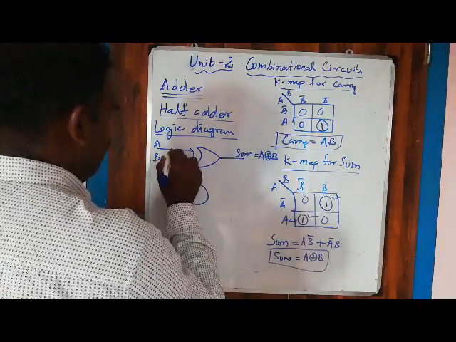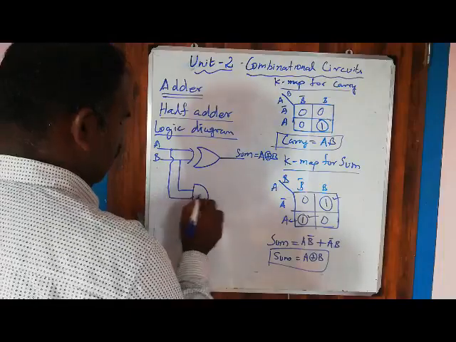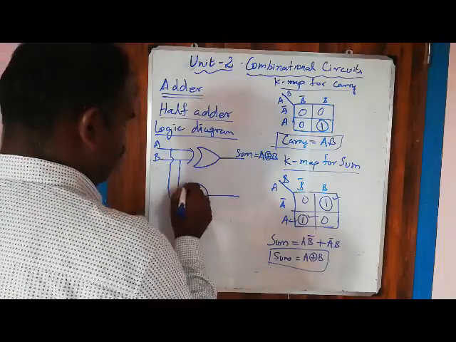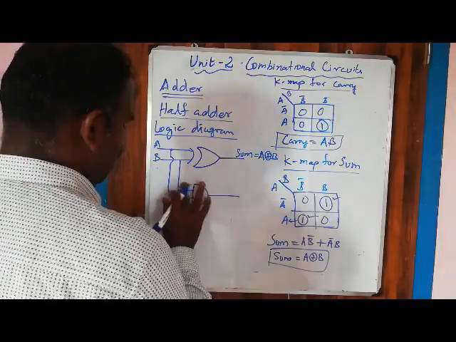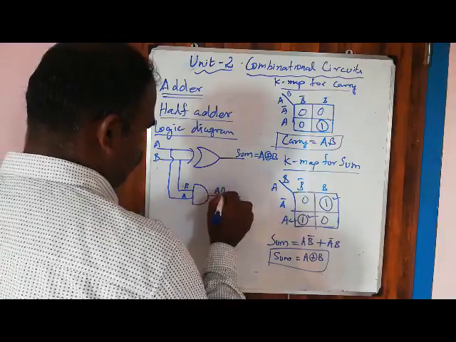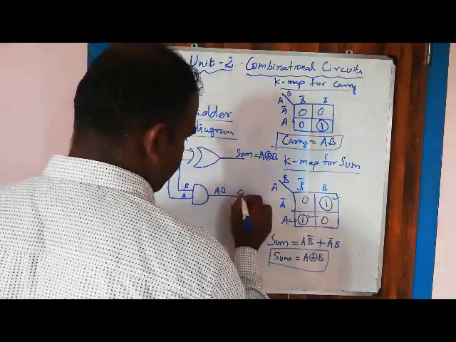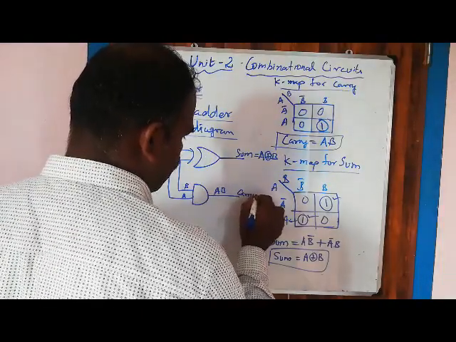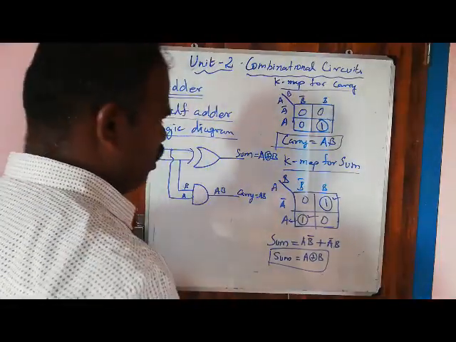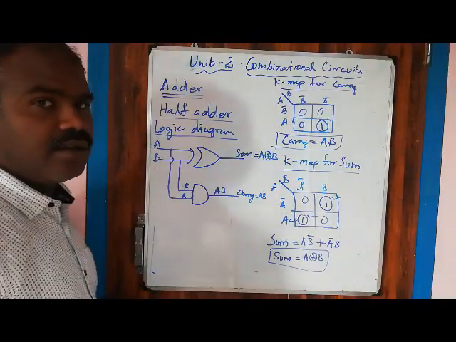So this is A and B, and the output is A B. This is carry. This is the logic diagram or circuit diagram for the half adder circuit.